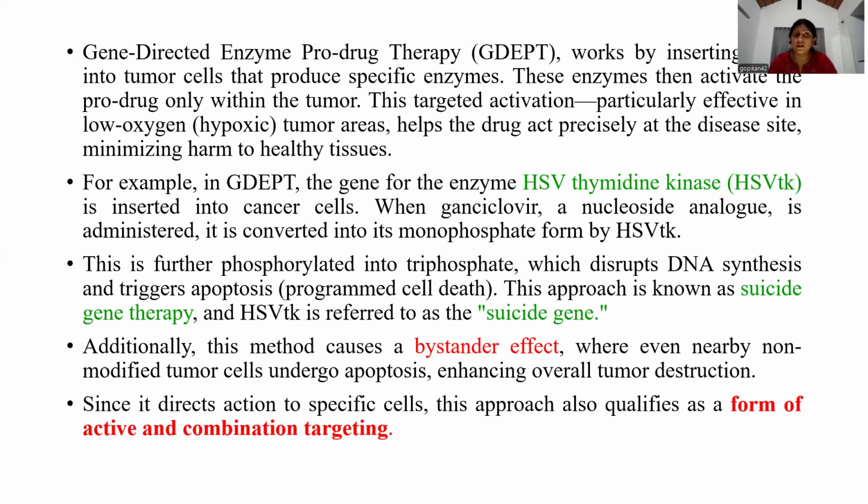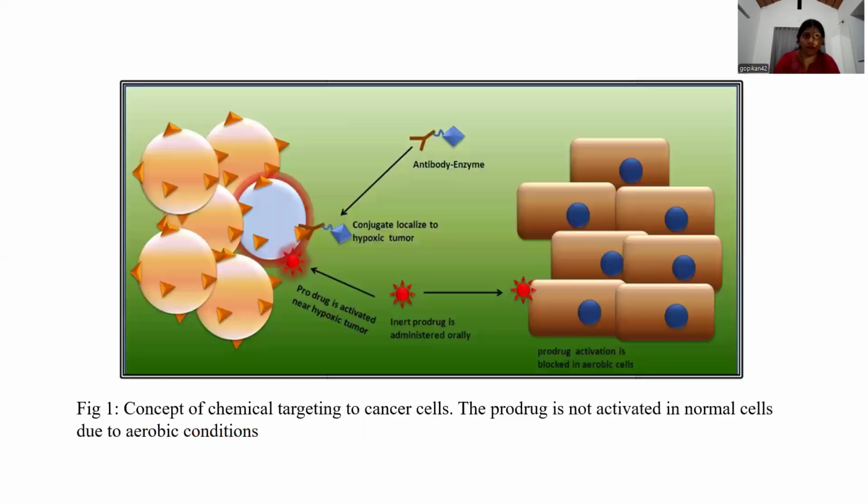This approach is known as suicide gene therapy, and HSV-TK is referred to as a suicide gene here. Additionally, this method causes a bystander effect where even nearby non-modified tumor cells undergo apoptosis, enhancing the overall tumor destruction. Since it directs action to specific cells, this approach also qualifies as a form of active and combination targeting.